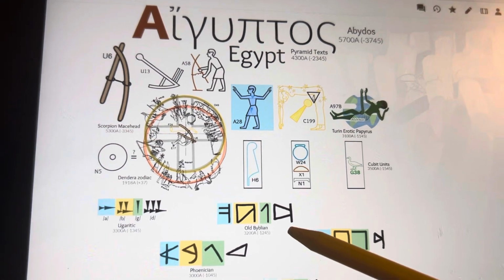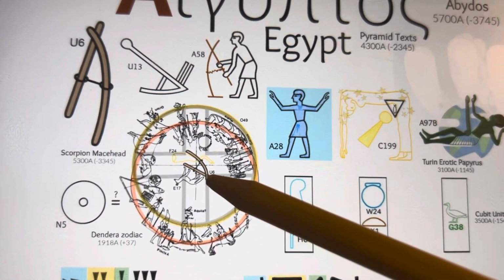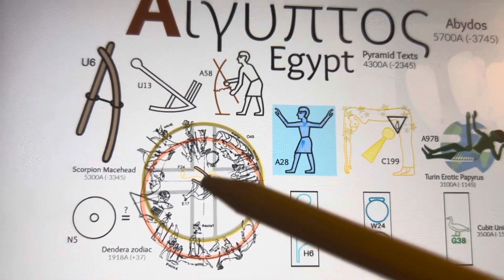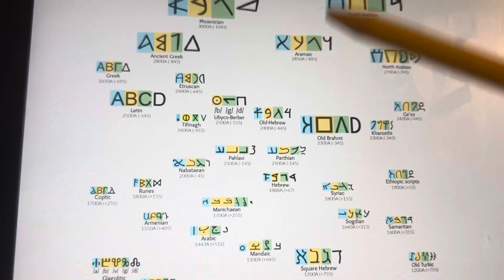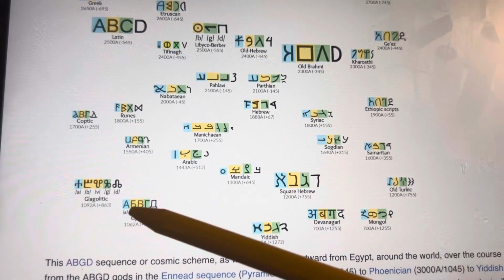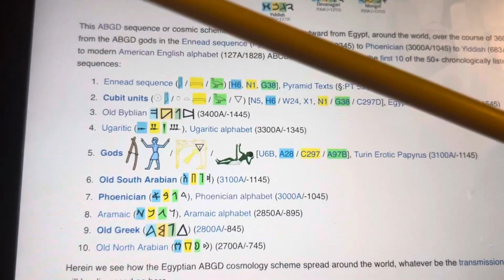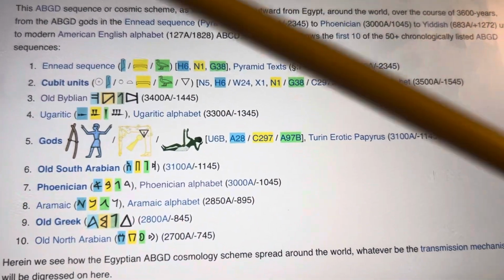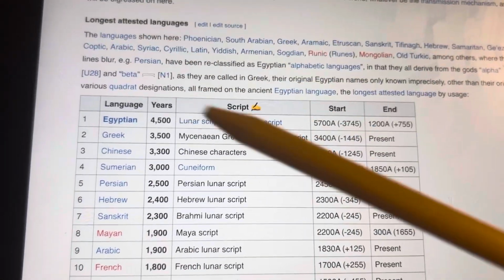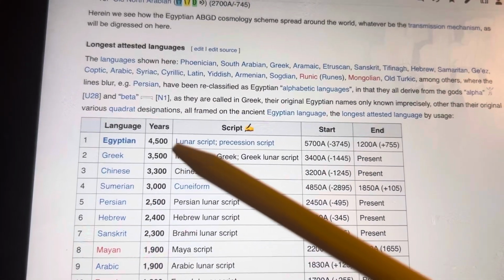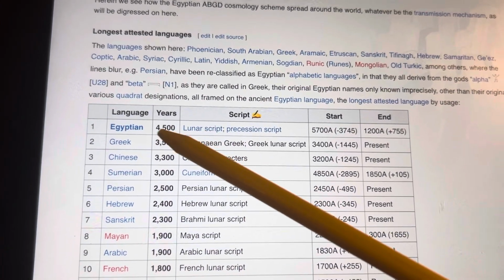Here we see the Dendera zodiac, which has an A at the center, or Ho. We see the other letters of the alphabet. Going downward, here we see that Egyptian is the longest attested language of all time, attested over 4,500 years.